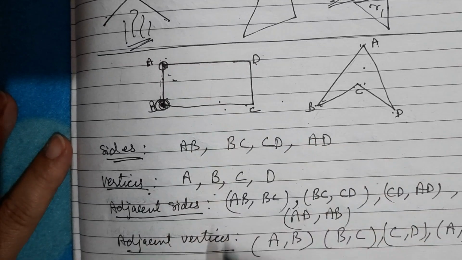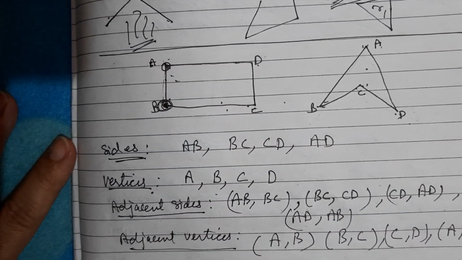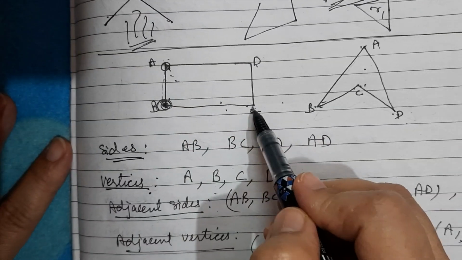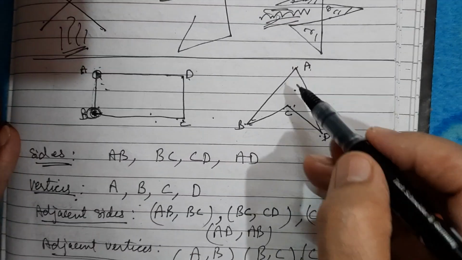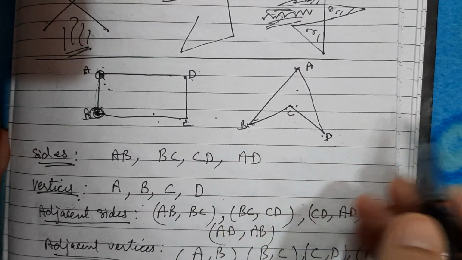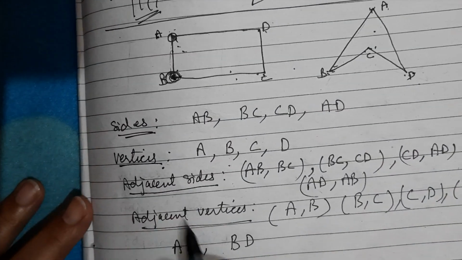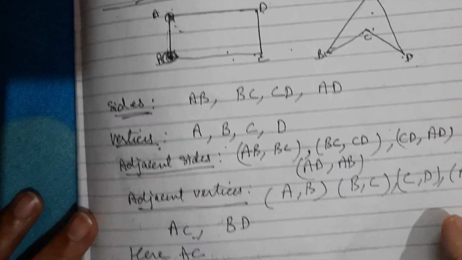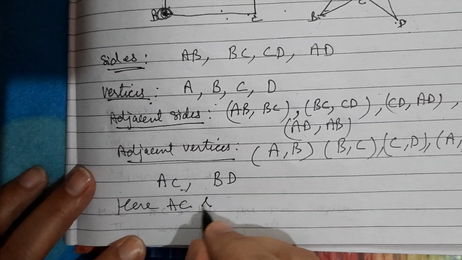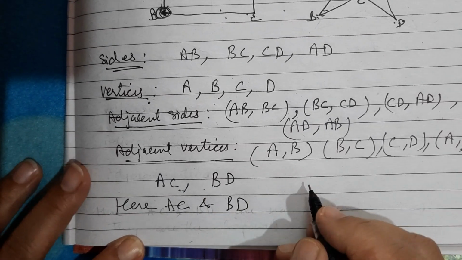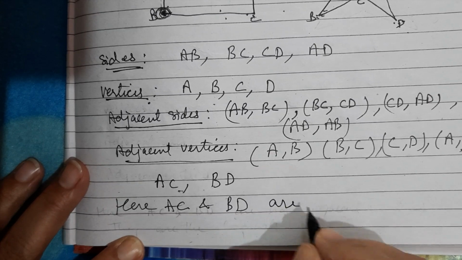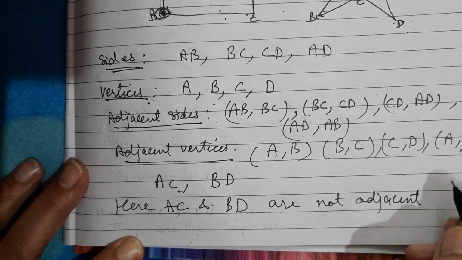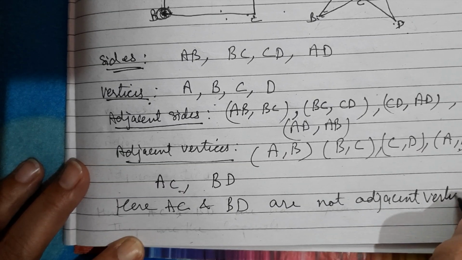Now, what can you say about AC and BD? Here also AC and BD. So here AC and BD are not adjacent vertices.